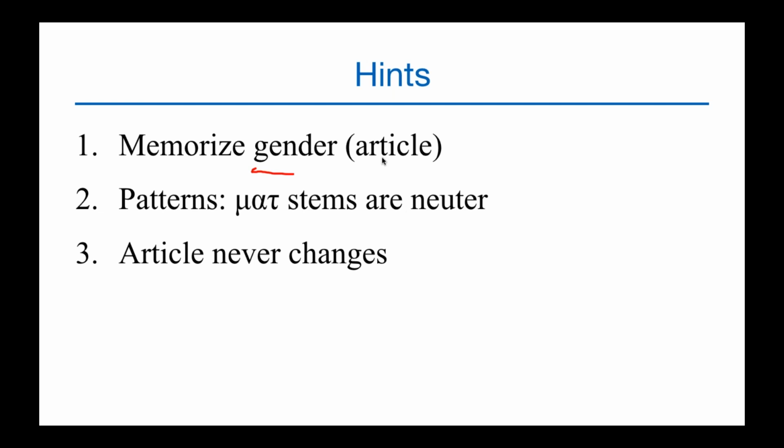Okay. Memorize the gender or the article, especially on the third declension. The reason you have to memorize the article on the third declension is, how do you tell masculine from feminine apart in the first and second declension or neuter?